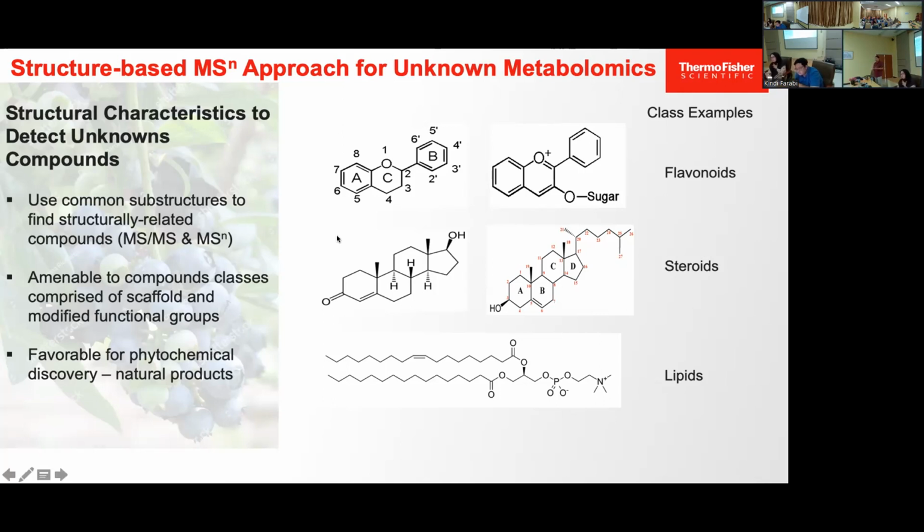Some compounds only differ by side chain, but their main structure skeleton is the same. So this is how you can use the double MS or MSn to form. This is amenable to compound classes, and you can do something called phytochemical discovery, especially on natural product.